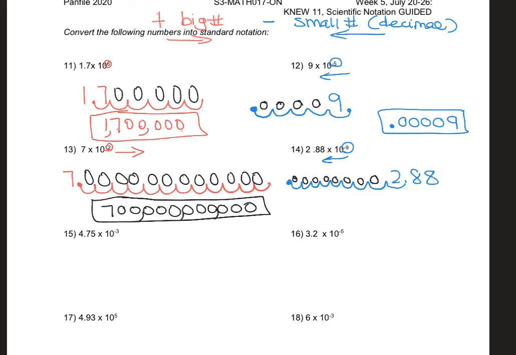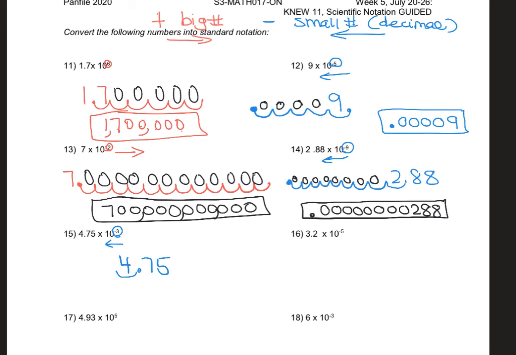Again, because the decimal had to bounce in front of the 2, we end up with 8 zeros, and then the 2, 8, 8. All right. For this one, we have 4.75. We're moving 3 to the left. So we end up with the 2 zeros in front of the 475. So 0.00475.